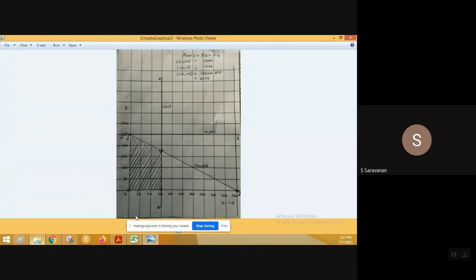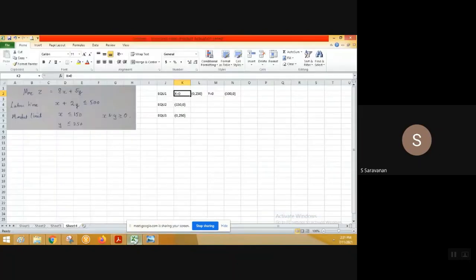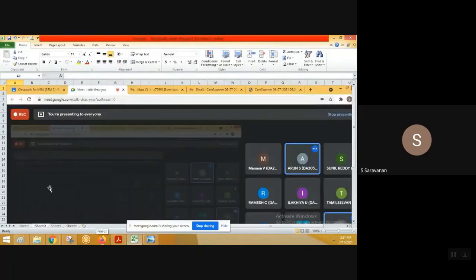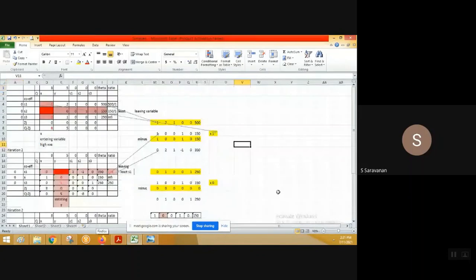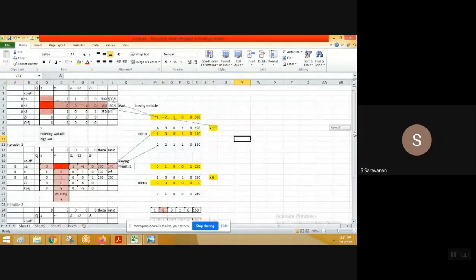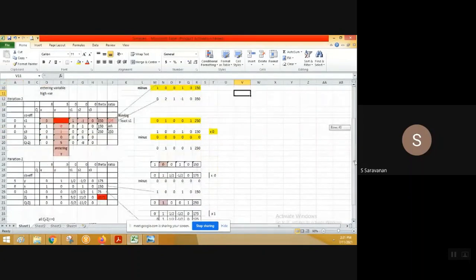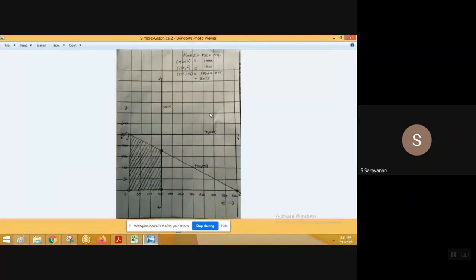Just check last session, we discussed this problem. See here, we got the answer 2075, x is 150 and y is 175. So the same answer we can get through the graphical method.